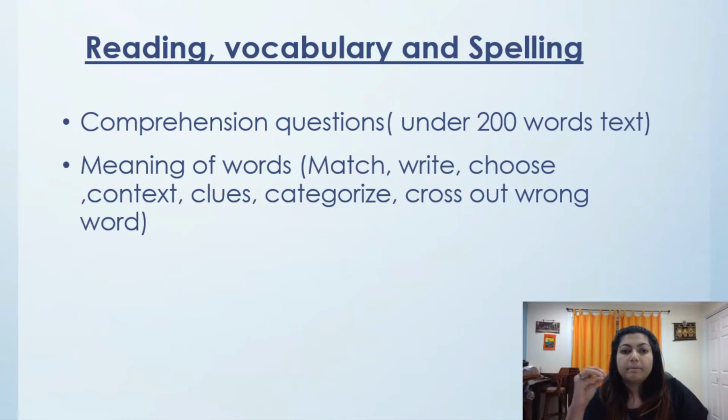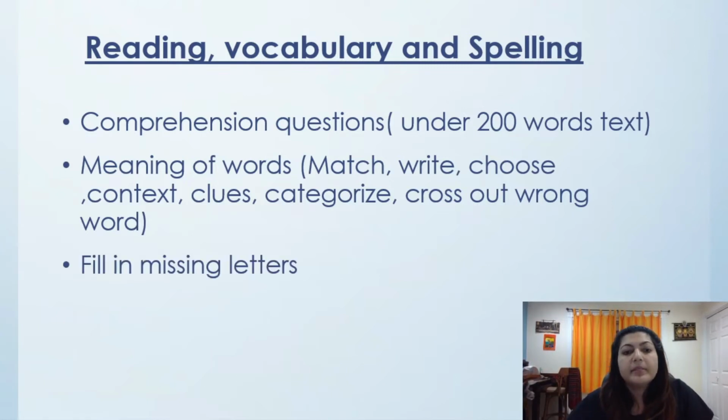Then for context clues, you choose the word from the word box and match it with the context clue that is given. Then categorize, as in what does not belong, where you cross out the wrong word which does not belong.